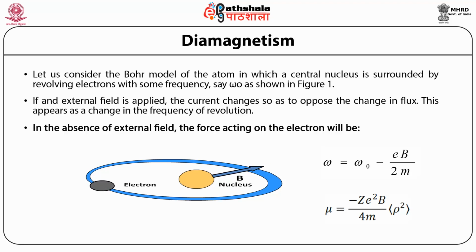In the absence of an external field, the force acting on the electron will be F equal to m omega naught square r, which is equal to Z e square over 4 pi epsilon naught r square, where epsilon naught is the permittivity of free space. This is the compensating electrostatic force. If we further simplify, we get omega naught equal to the square root of Z e square over 4 pi epsilon naught m r cube, where r is the radius of the orbit, Ze is the charge, and m is the mass of the electron, as shown in figure 1.